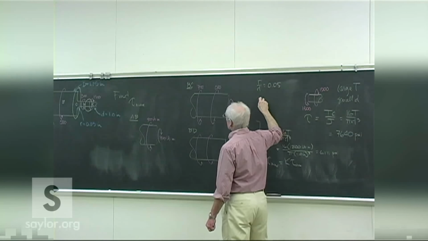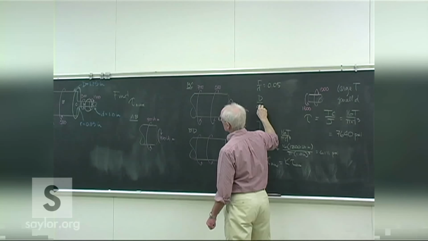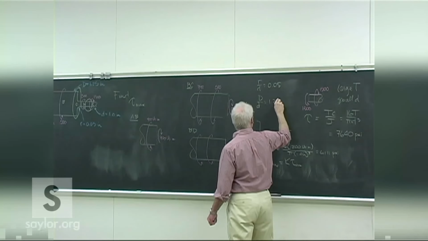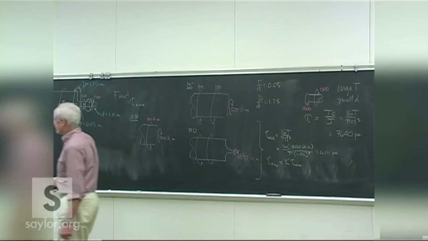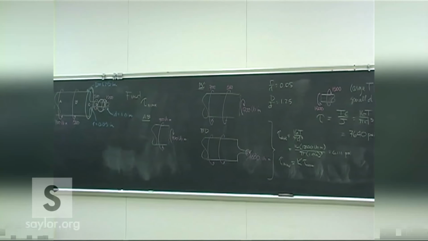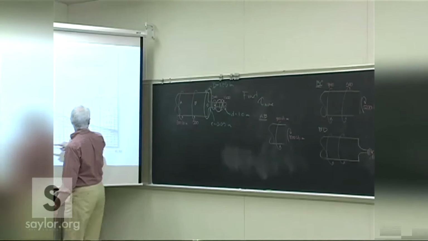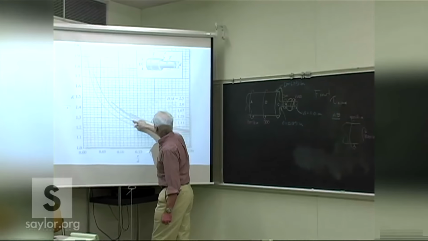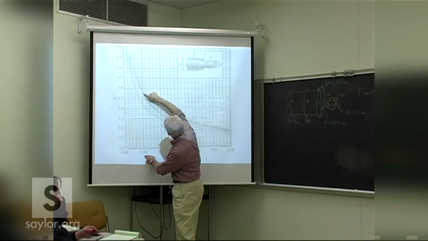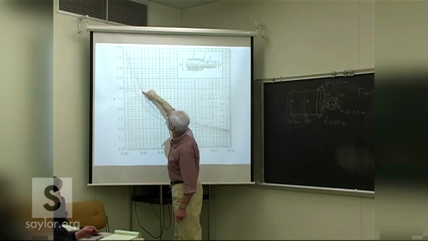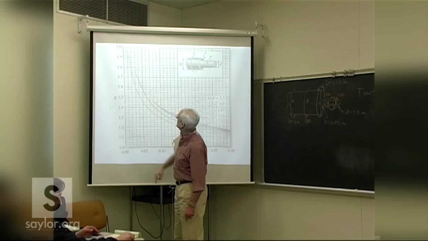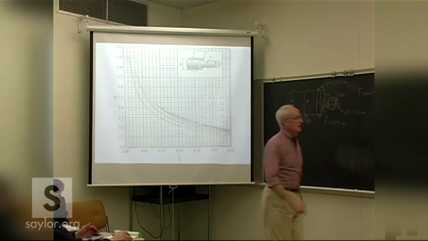R over d is 0.05, D over d is 1.25. So, a very small radius on the fillet, and the 1.25 line is this one. So we've got a pretty high stress concentration factor. It looks like 1.58 or so, give or take a little bit.